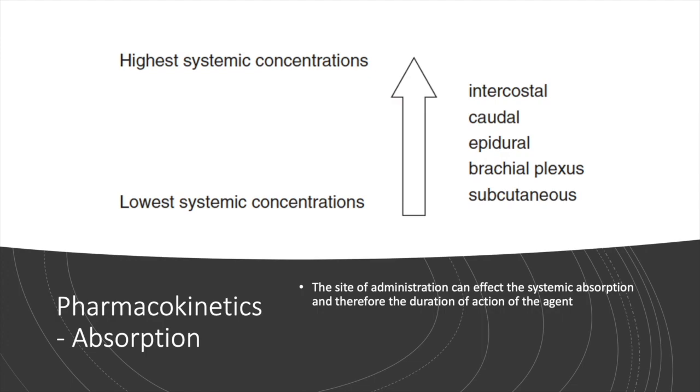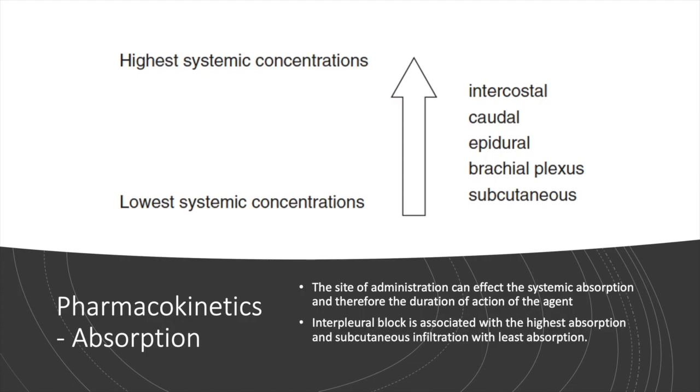However, if I were to inject it intercostally, this has the highest rate of systemic absorption, and therefore we need to be aware of, number one, the duration of action is going to be lower if we inject it intercostally, and number two, we need to think about the risk of toxicity because higher concentrations are going to get into the systemic circulation and go to places like the brain and the heart where we perhaps don't want them to function. The next thing to say is distribution.